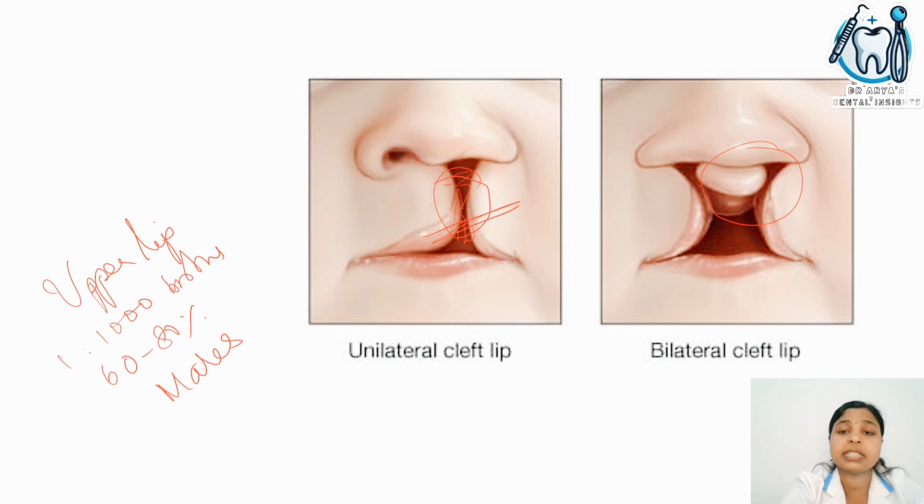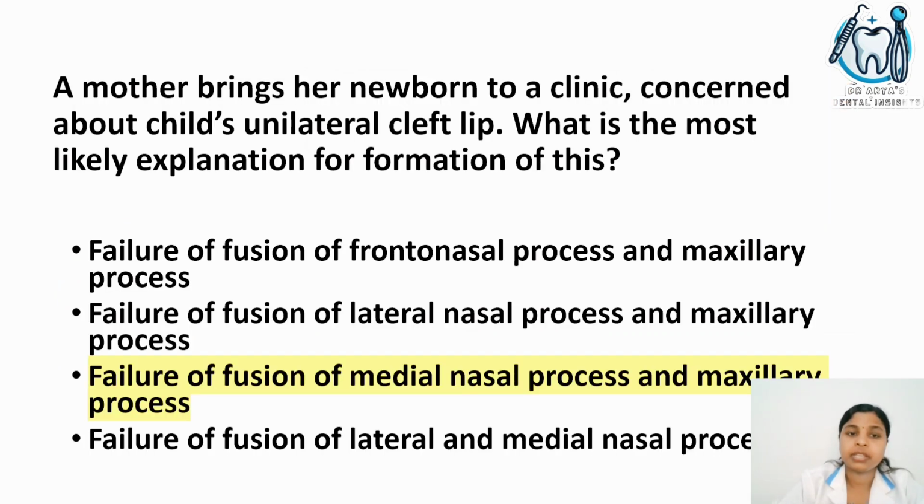And what is the cause of central cleft lip or hare lip? It occurs due to failure of development of the philtrum of the upper lip from the frontonasal process. So this is the unilateral cleft lip and this is the bilateral cleft lip. So what is the answer? Unilateral cleft lip occurs due to the failure of fusion of medial nasal process and the maxillary process.